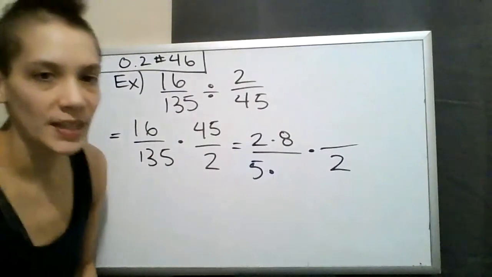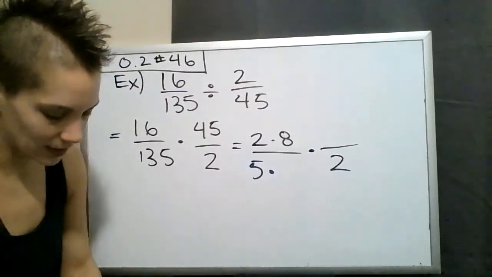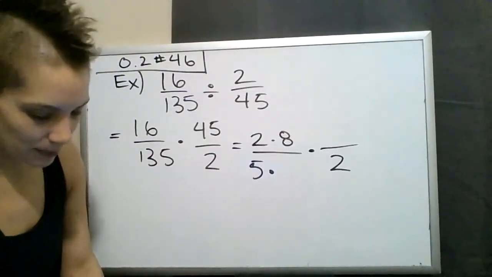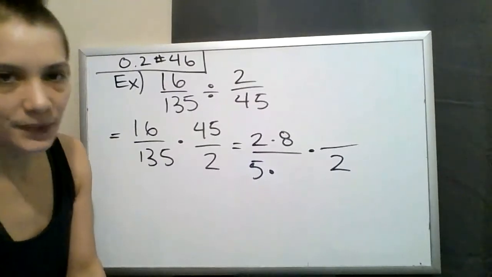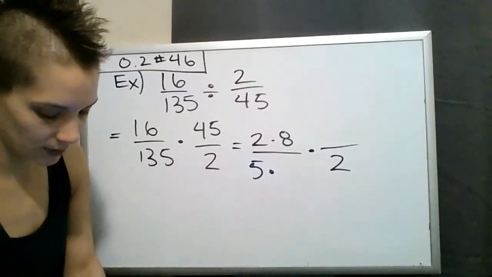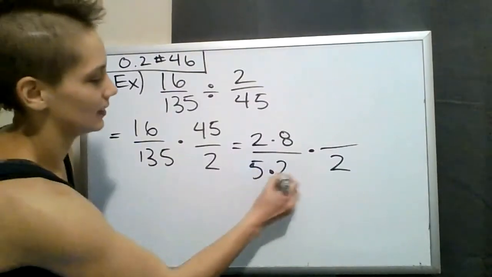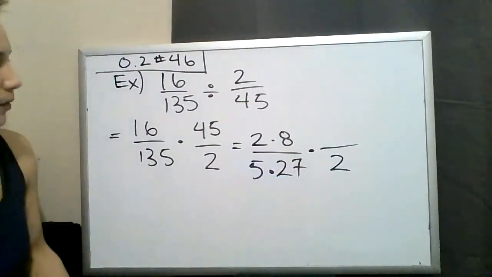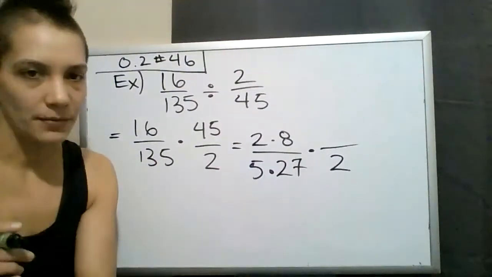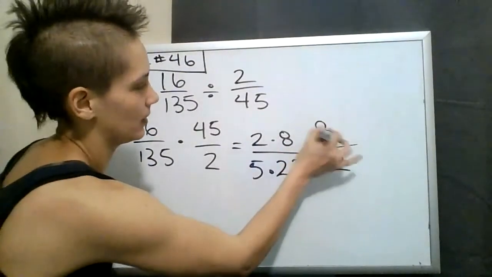Yeah, I think so. I'm gonna double check with my calculator. Not the best calculator, but let's try. 27. Thank you. And 45 divided by 5. Okay, 9 times 5.